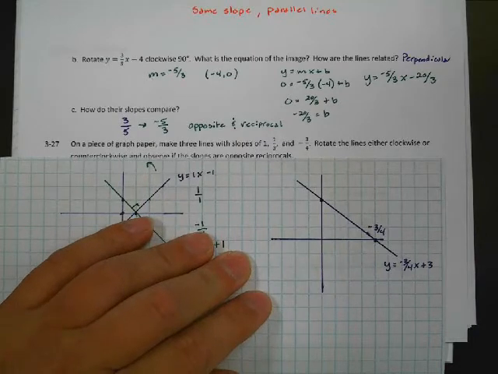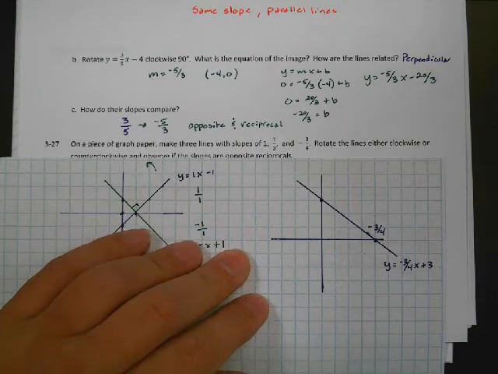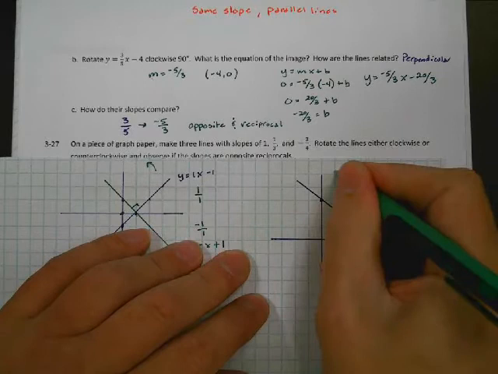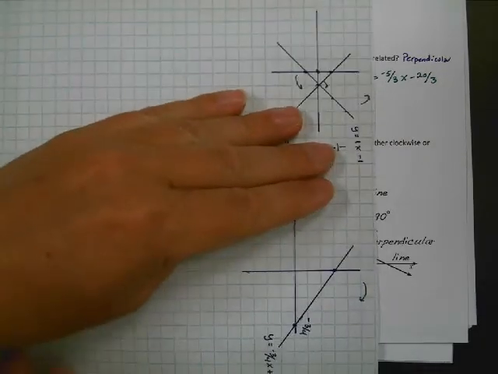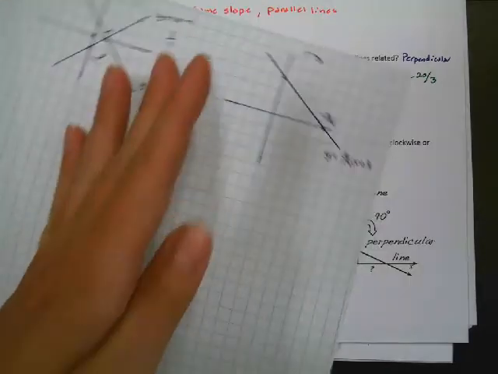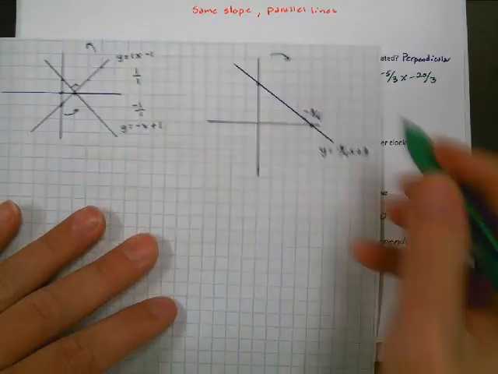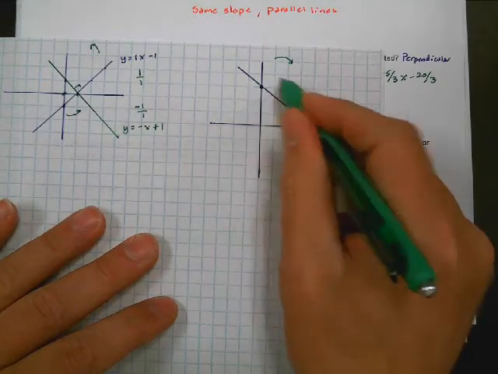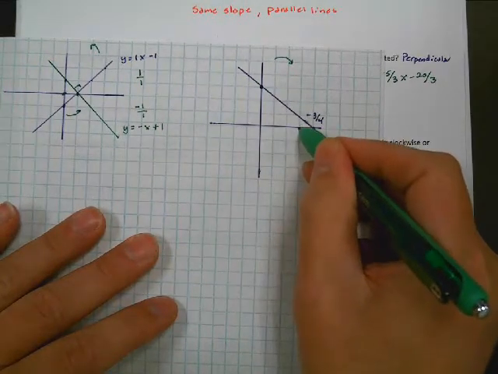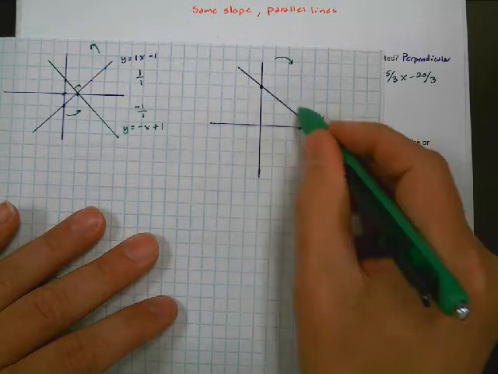All right, now we want to rotate this. Let's do it clockwise this time. So we're going to go this direction. So again, you can spin your paper, do whatever method you've been using. So this one is at 0, 3. If I rotate it, it's going to come around to here in the rotation.